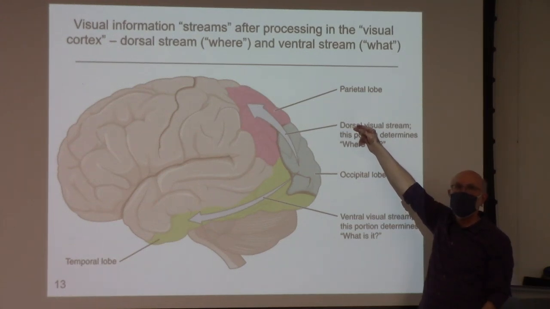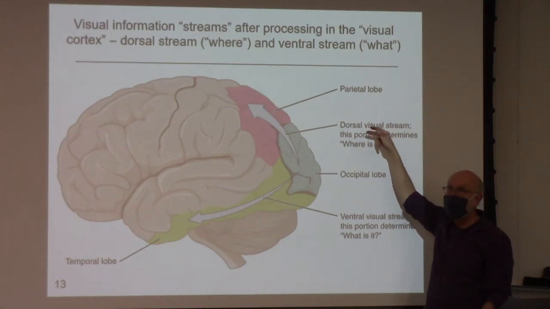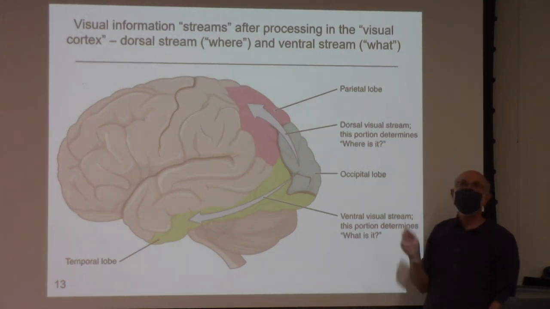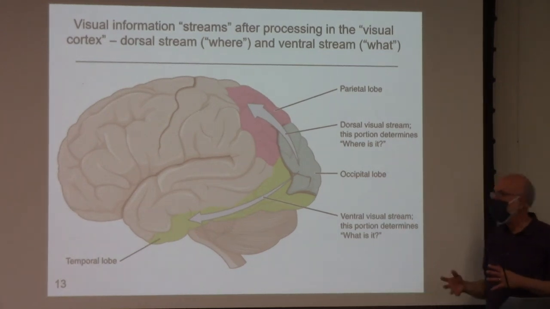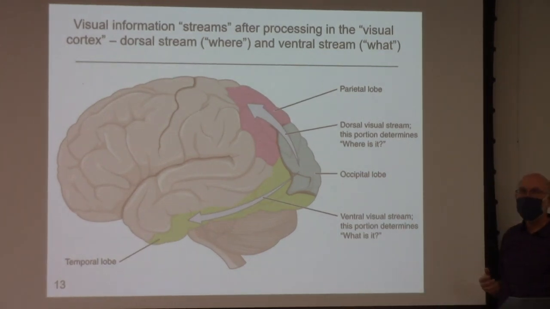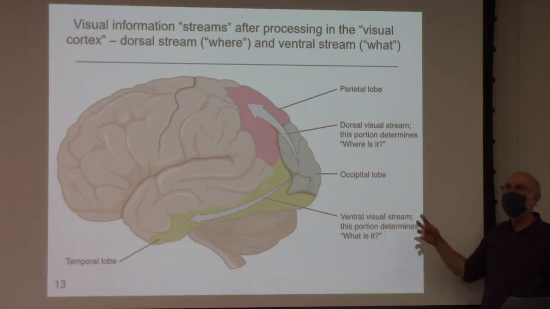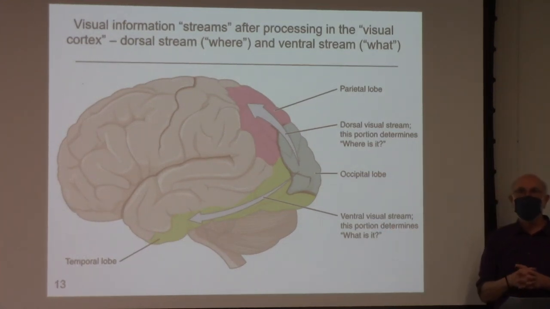Is it coming straight to me, or is it going to miss me? So those are the streams of visual information. And of course, we process this in a very complex way in order to form vision and in order to inform our responses to visual input.